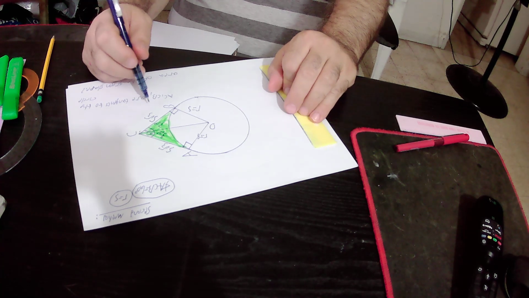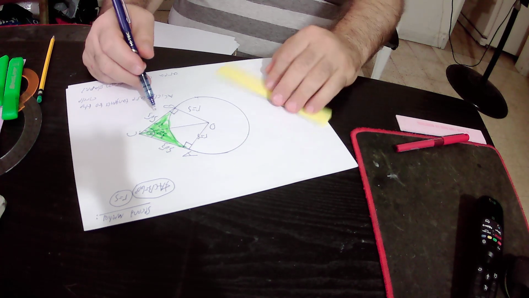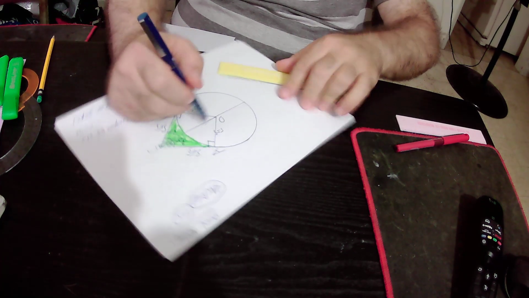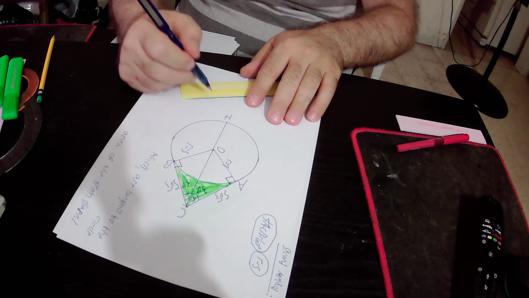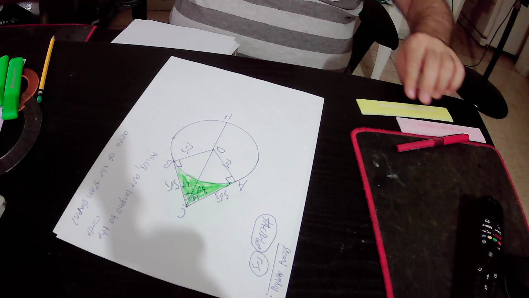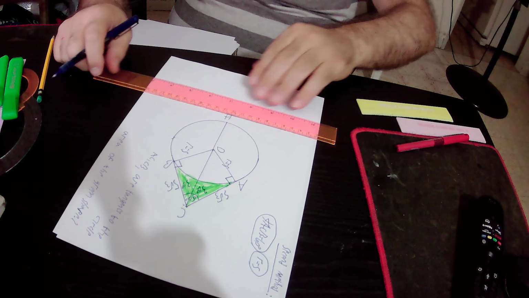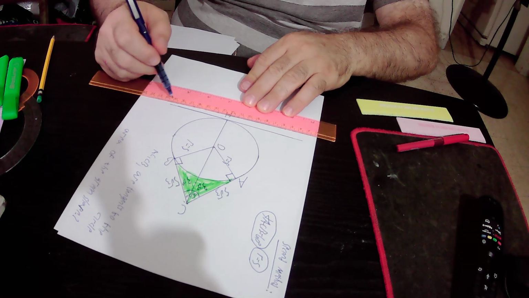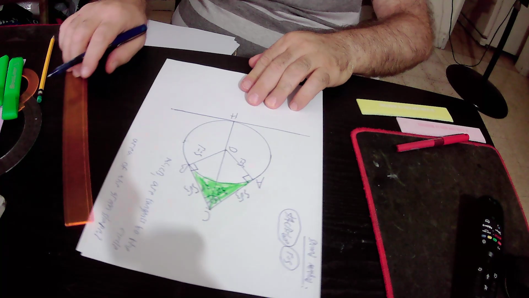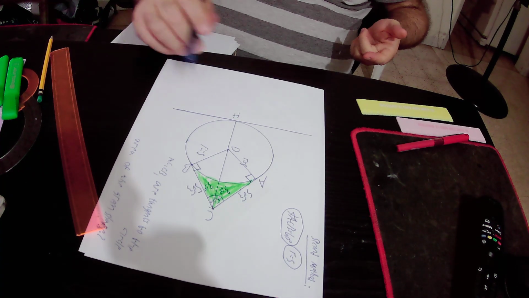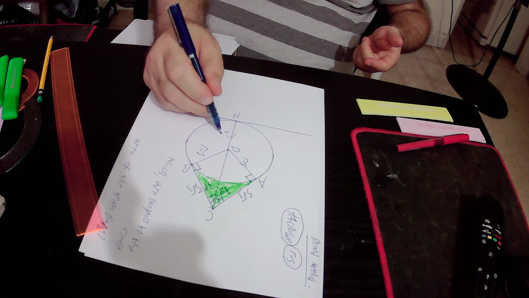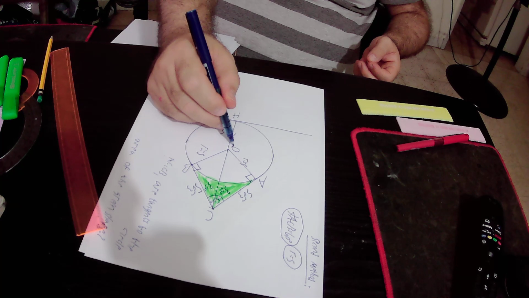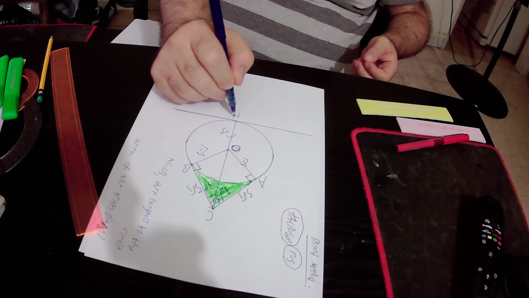We will extend side CO until it touches the circle at point H. Then we will draw a tangent to this circle at point H. OH is the radius of this circle that equals 5 units, because line segment OH starts from the center of the circle, that is to say from point O, and ends at point H, that is a point on the circle itself.